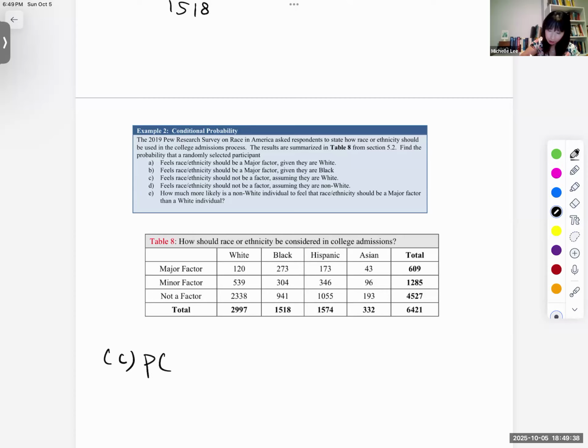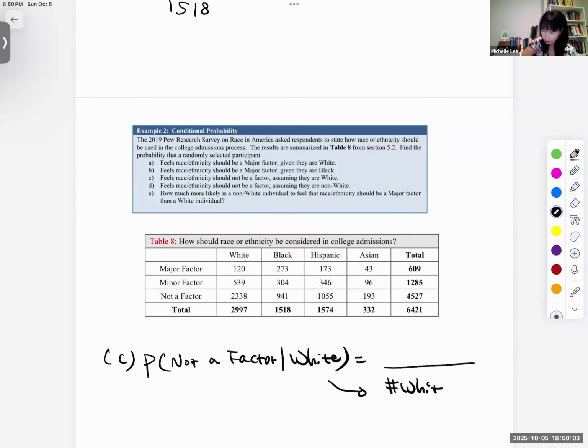What's the probability of not a factor, given that white. So this is number of white, and then overlap here.